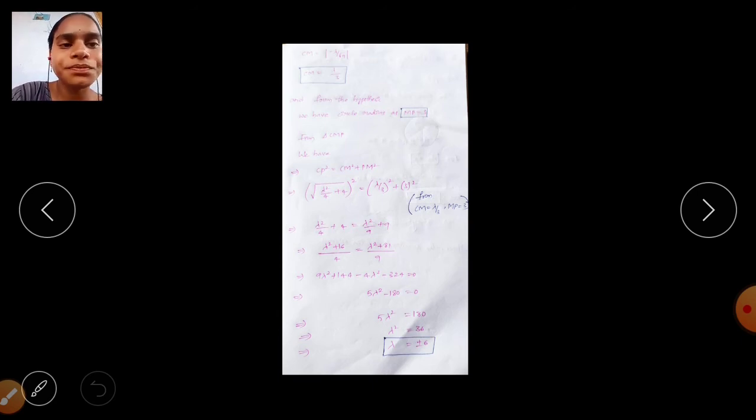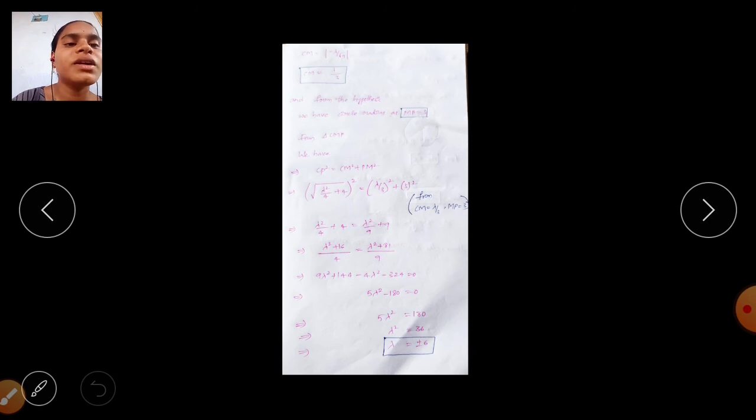So that gives lambda square by 4 plus 4. That means root and square are cancelled. Lambda square by 4 plus 4 is equals to lambda square by 9 plus 3 square, that means 9. So lambda square plus 16 by 4 is equals to lambda square plus 81 by 9.